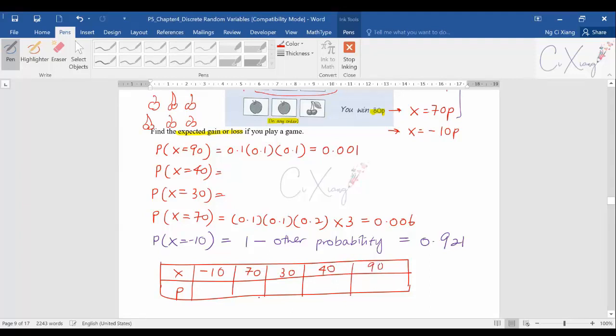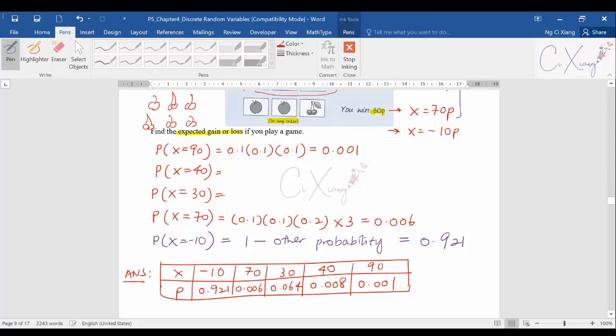You can arrange it from smallest to largest value also, randomly also no problem actually. Right, so this one is 0.921. This is 0.006, 0.064. Okay, so this is the answer that you should get for the probability distribution table.